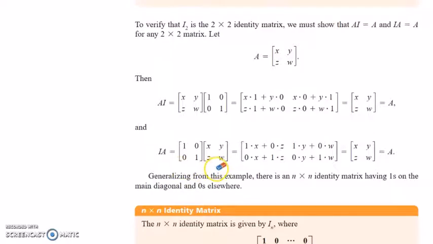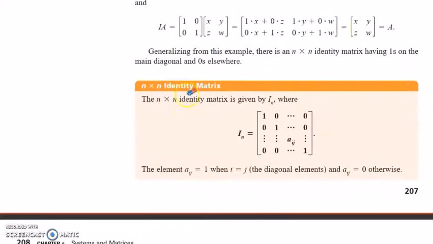So the identity times A is also A. For a square matrix, all across the diagonal, you have 1s, and then everything else is 0s.